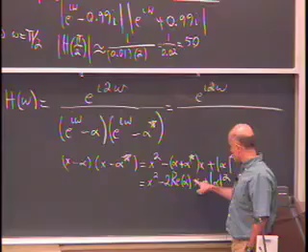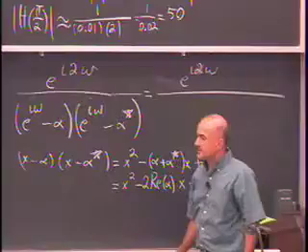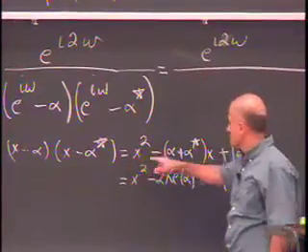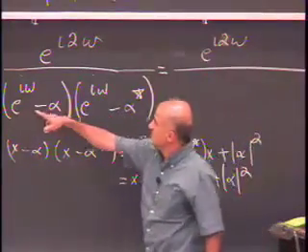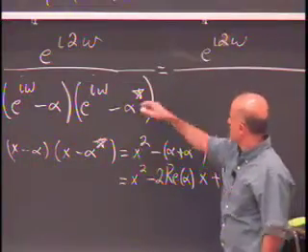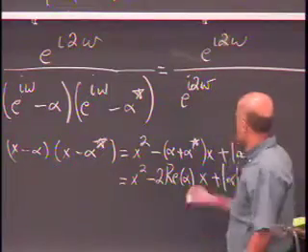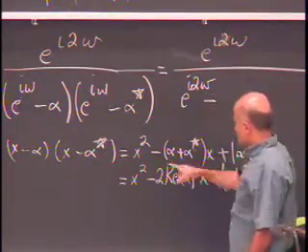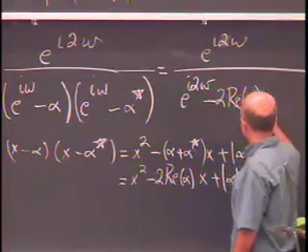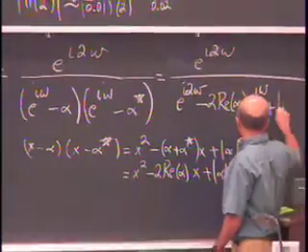Notice all the coefficients are real. So instead of x here, I have e to the i omega. This x is not the input. This x is your run-of-the-mill high school algebra variable. So in the denominator, I have x squared, so I have e to the i omega squared, which is e to the i 2 omega, minus twice the real part of alpha times e to the i omega plus alpha squared.